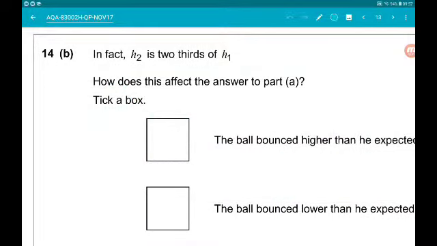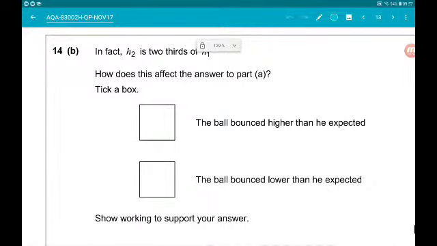Okay, then 14b says, in fact, H2 is 2/3 of H1. How does this affect our answer to part a? So does the ball bounce higher, unexpected, or lower? Well, 2/3 is less than 3/4. So 2/3 of 11.25 is less than 3/4 of 11.25.